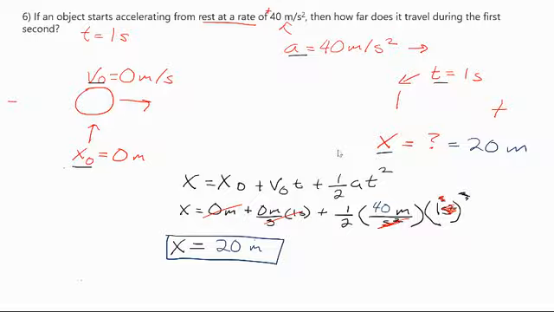You're going 0 meters per second. After the first second, you're going 40 meters per second. But half of that, you were sitting still, sort of, like what's 0 plus 40 divided by 2? That's actually another equation you could use, but yeah, it's going to be 20 meters. Okay.